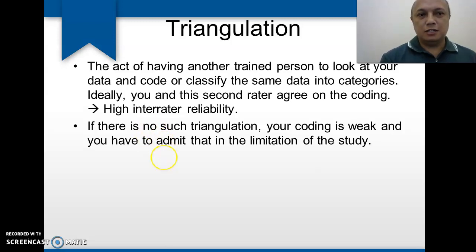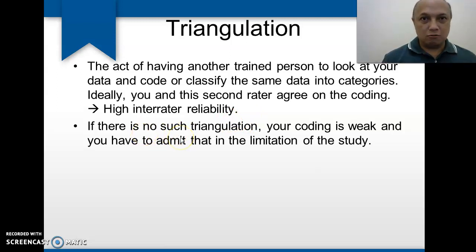Ideally, you and this second rater agree on the coding: how to classify the data, what data are to be coded, how to establish the relations between the codes, and what the result of determining the relationship is. If you can reach a high agreement, then you have achieved a high inter-rater reliability, and that is something good in your data analysis.